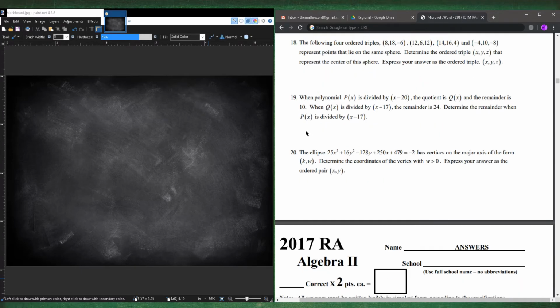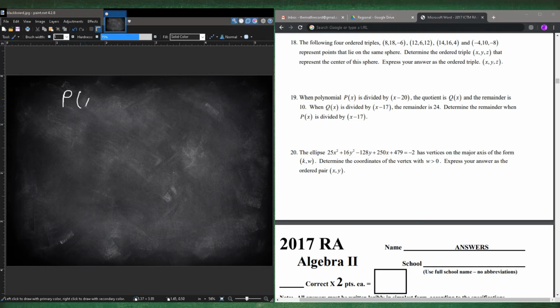Okay, number 19. When polynomial p(x) is divided by x minus 20, the quotient is q(x) and the remainder is 10. So we have p(x), and if it's divided by x minus 20, our quotient is equal to q(x), right? And we have a remainder of 10 when we divide by x minus 20. Okay, so what I'm going to do is multiply both sides by x minus 20, right?